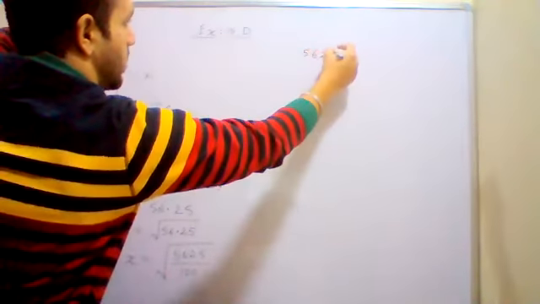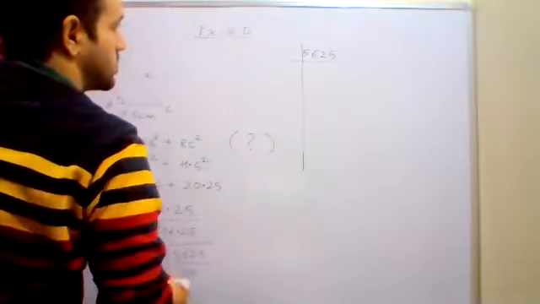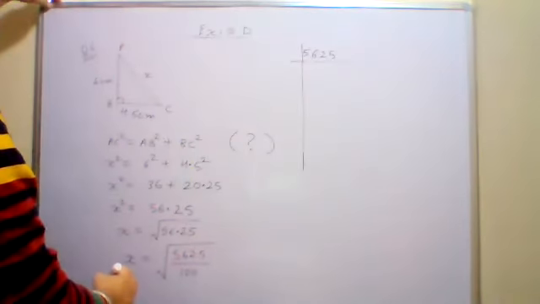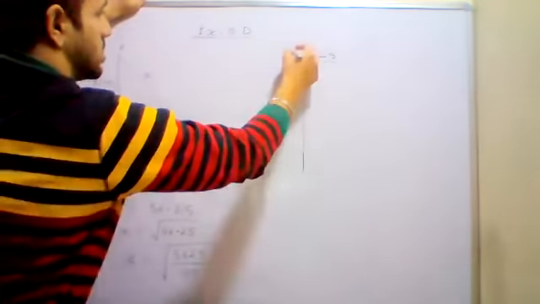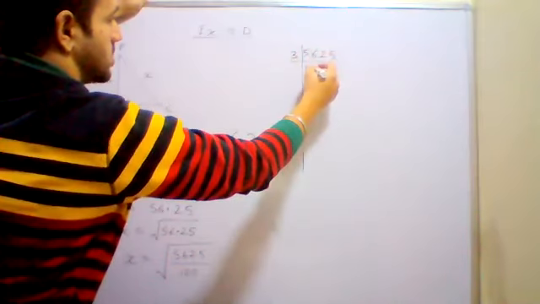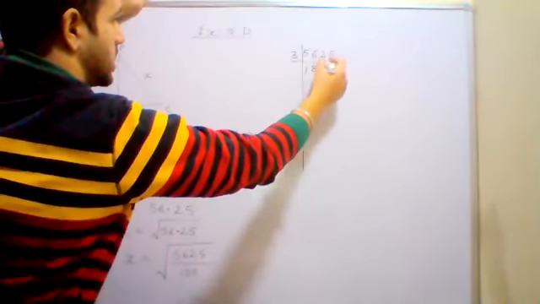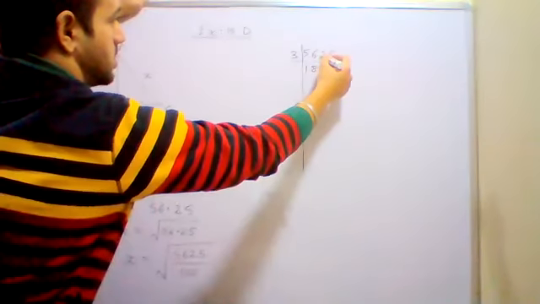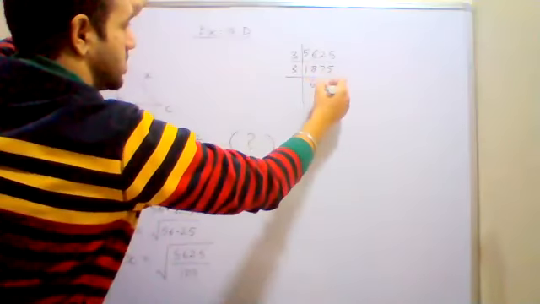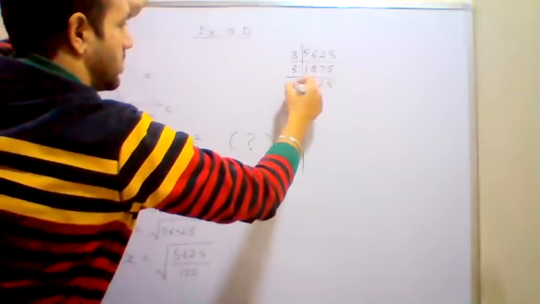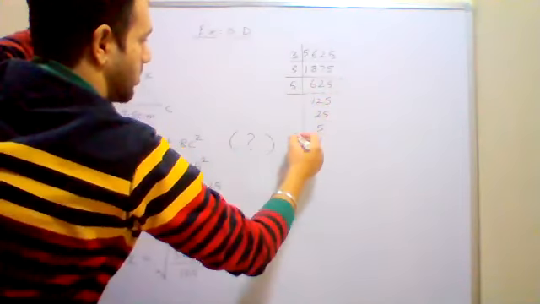So 5625. Can you all find the square root of 5625 on your own? या मैं करूं? Factors: 3, 5, 5, 5, 5.